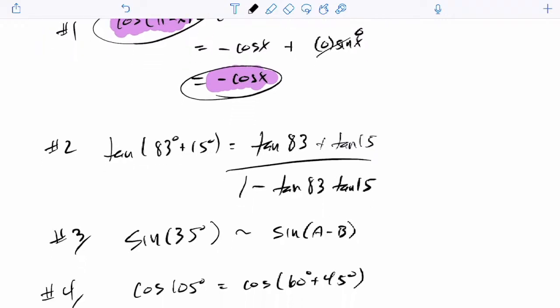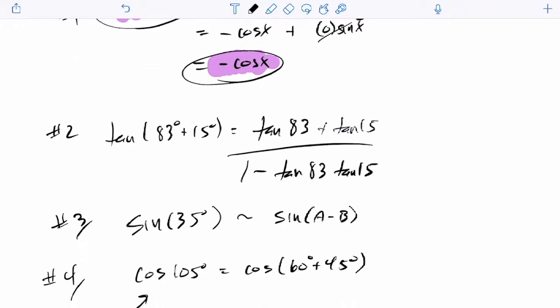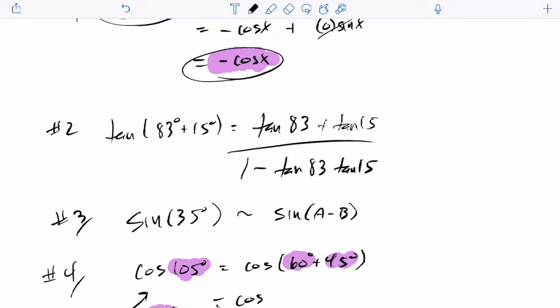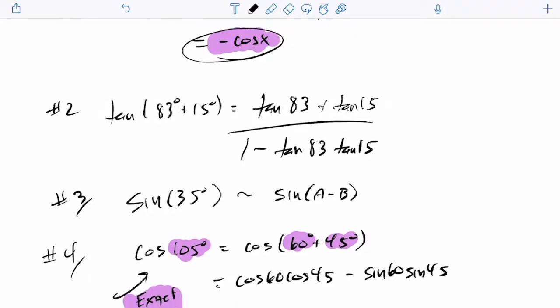So for 4 though, they do ask for the exact value, which we kind of talked about already. They want the exact value of 105 degrees. Well, I broke it up into 60 plus 45, which we know each of those. So this is going to be cos 60, cos 45 minus sine of 60, sine of 45 degrees.